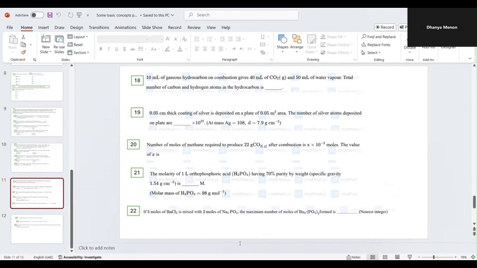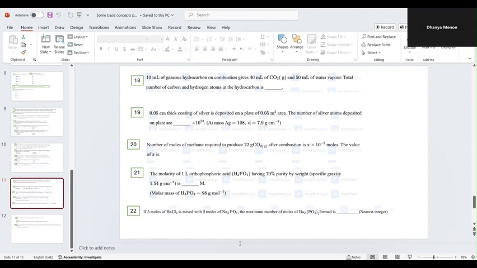So the 19th question, if you look at the 19th question, a 0.05 centimeter thick coating of silver is deposited on a plate with area 0.05 meter square.